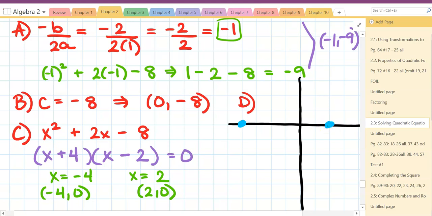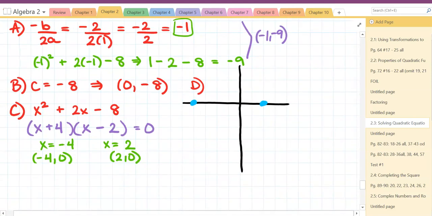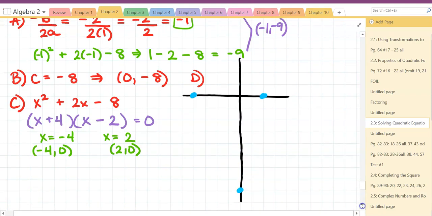We said the y-intercept was at 0, negative 8, so I'm going to come out a little bit here because I'm going to need some more room. So there's the y-intercept. My vertex is at negative 1, negative 9. So right there.